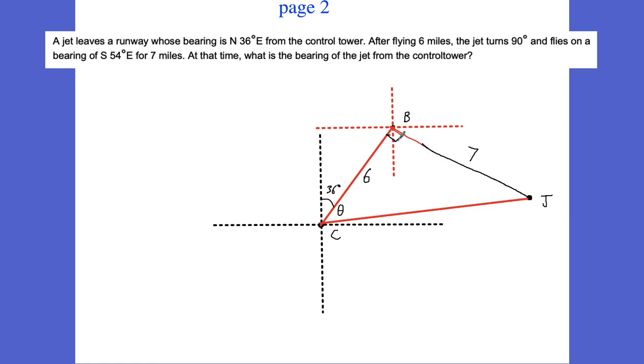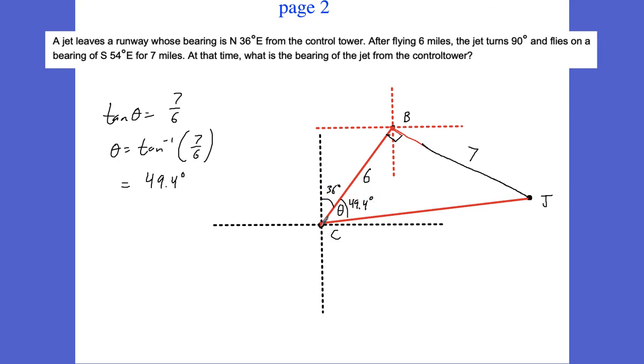Because this is a right angle, we can simply use inverse tangent to find this angle theta. So tangent theta equals 7 over 6. Then I can say theta equals inverse tangent of 7 over 6. Enter this in the calculator. I get 49.4 degrees. So this angle theta here is 49.4.